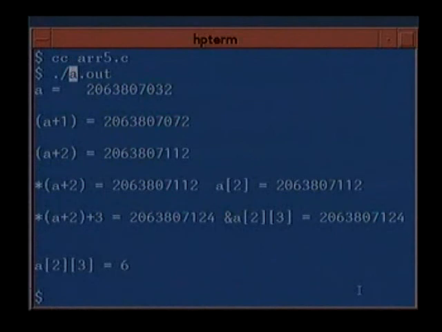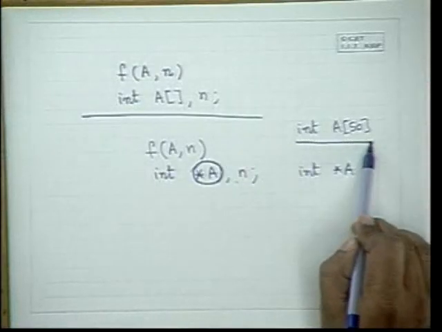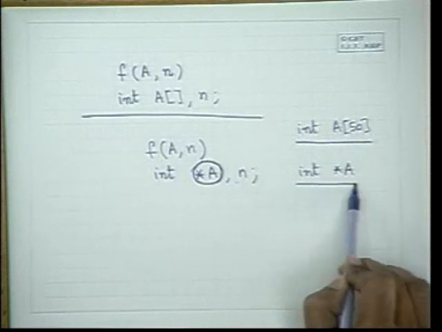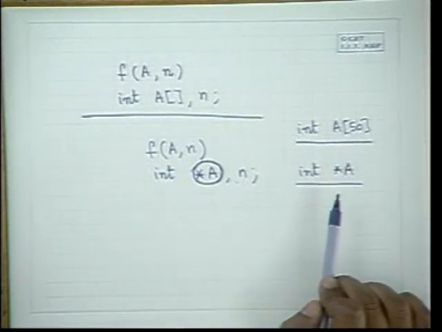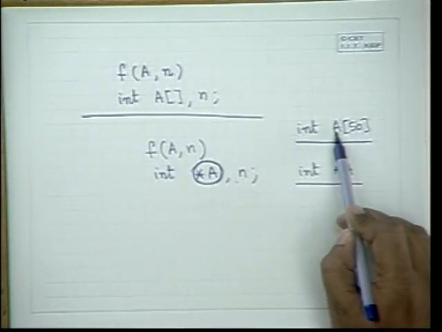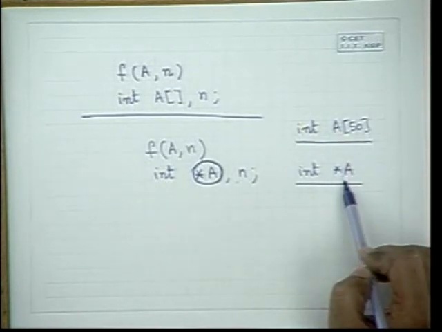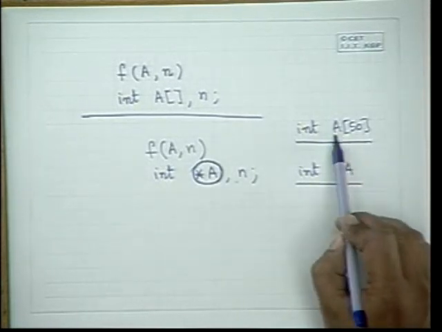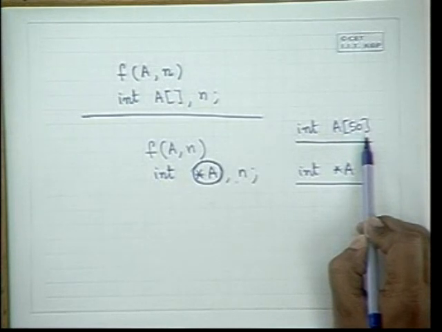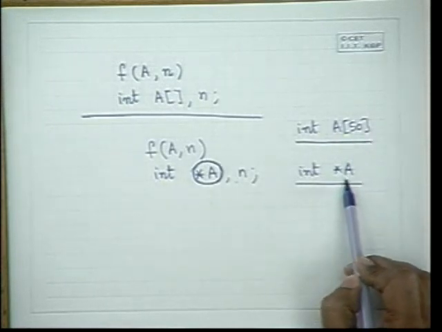So we'll terminate with this discussion, but we'll remember 2 or 3 things. One is, in the main program, int A[50] and int *A are not identical. They are identical in the sense that this is an address to an array and this can be used as an address to an array, but this does allocate 50 elements and this allocates only a pointer variable.